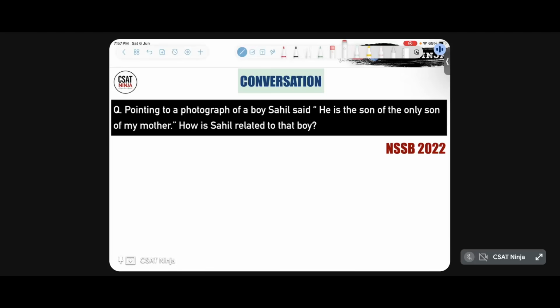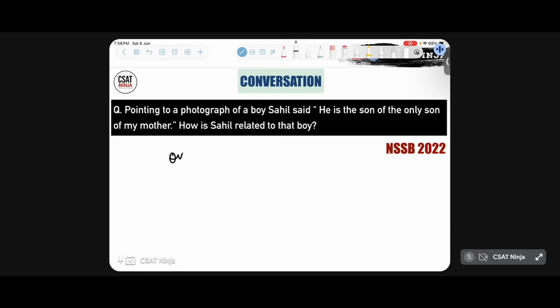So if you look at this question here, pointing to a photograph of a boy, Sahil said he is the only son of my mother. How is Sahil related to the boy? I'll give you one key tip, and that is more than enough to solve all the questions.